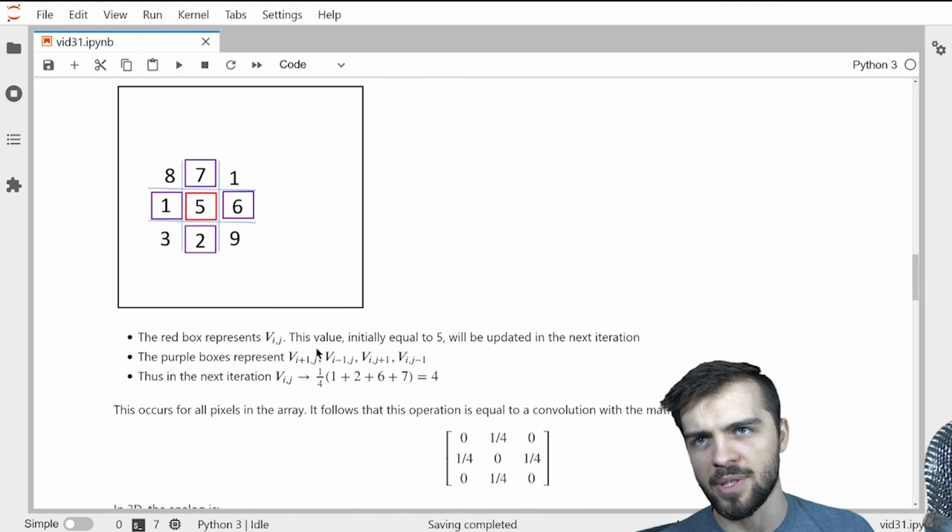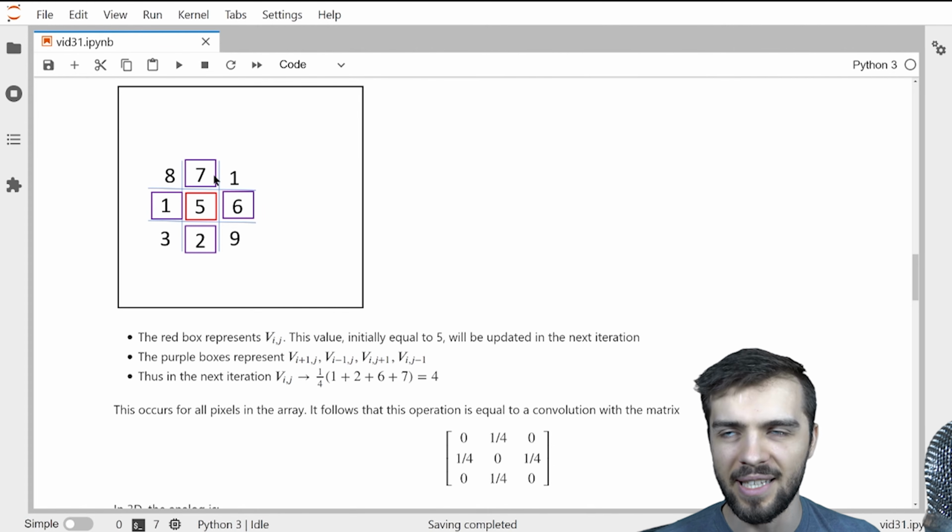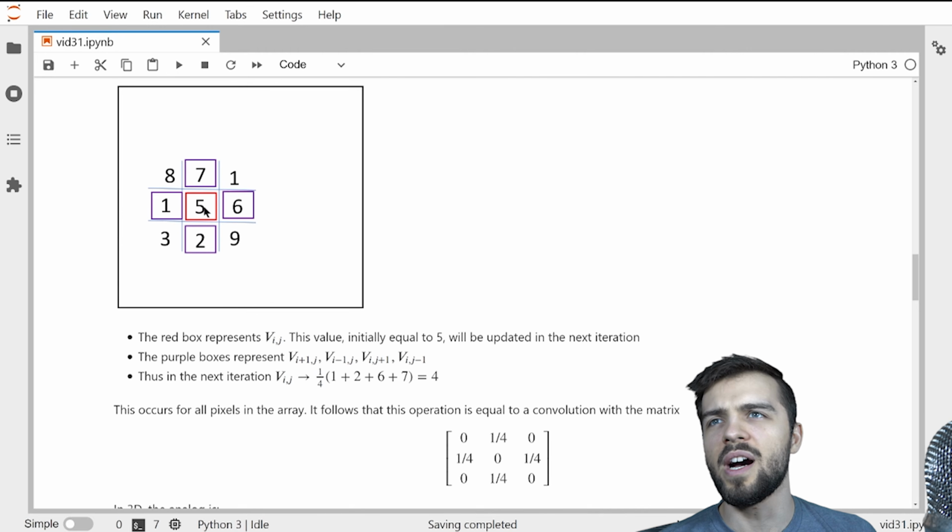And the purple boxes represent all these points that I need to take the average of. So on my next iteration of this grid, this point that's initially 5 is now going to become 1/4 of 1 plus 2 plus 6 plus 7. That's my next iteration. And so this 5 uses the information from these surrounding points like this.